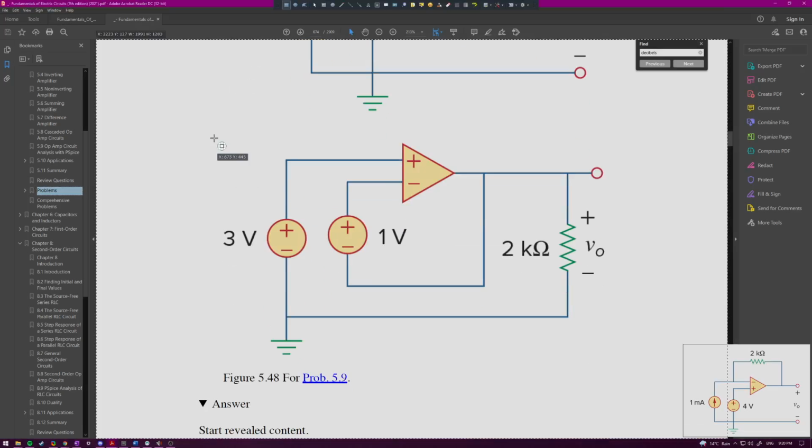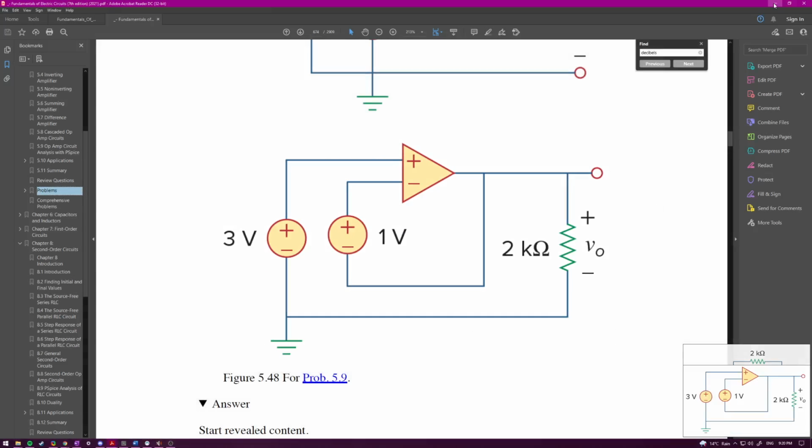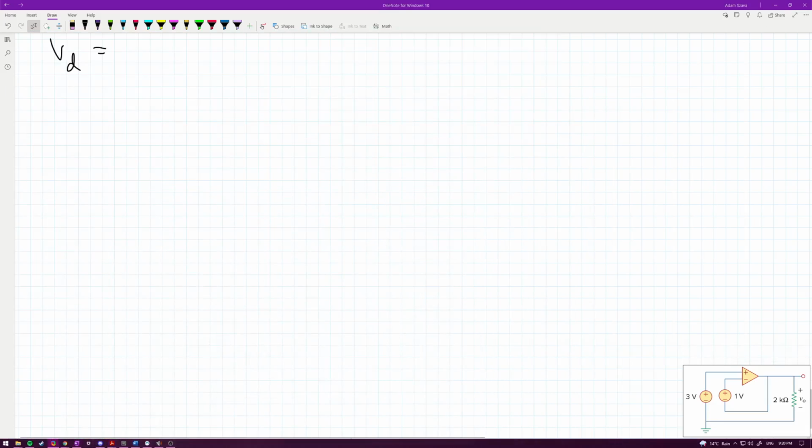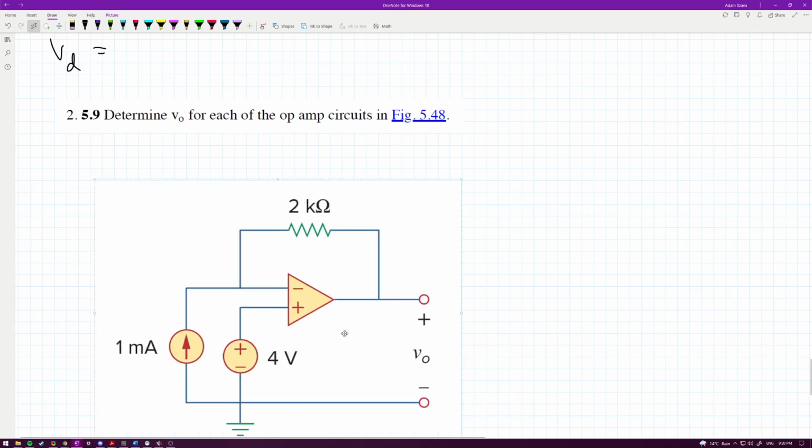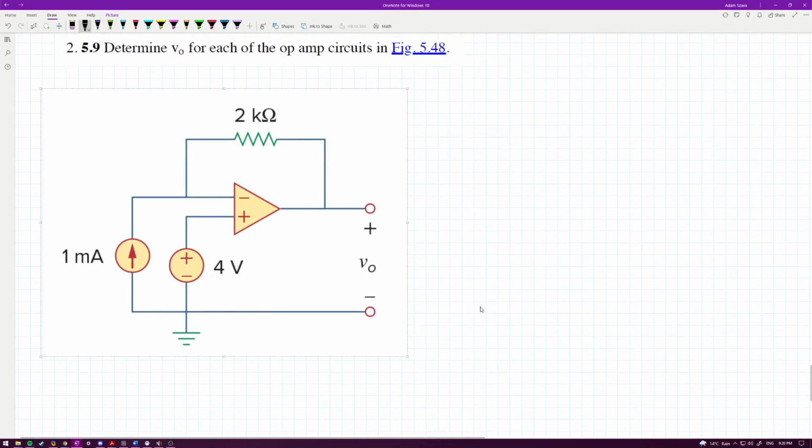So we can just treat them like ideal op amps. VO is our goal. When we want to find VO, first of all, we know that 0 amps is going in here. Also, unless specified, we assume that it's ideal.